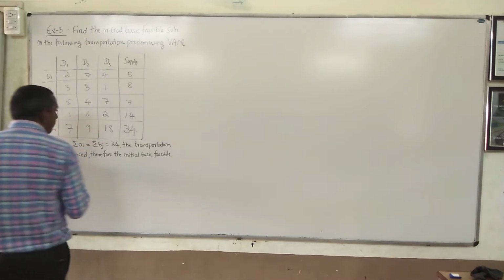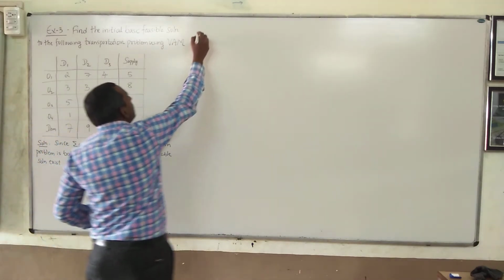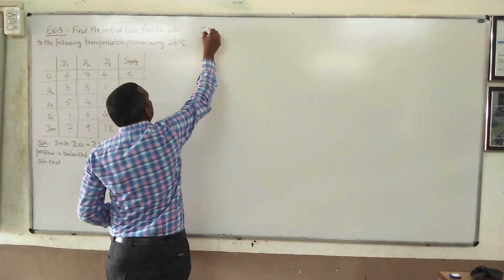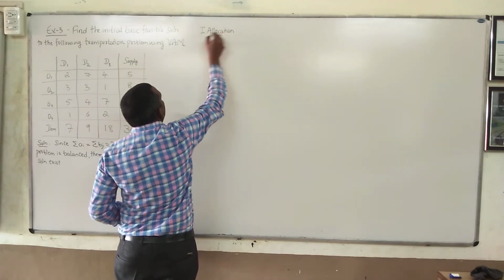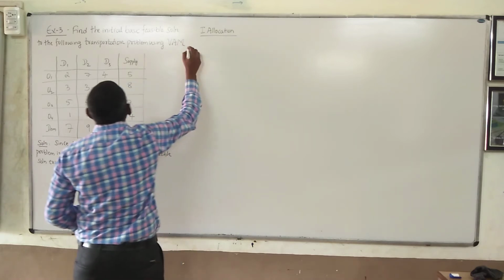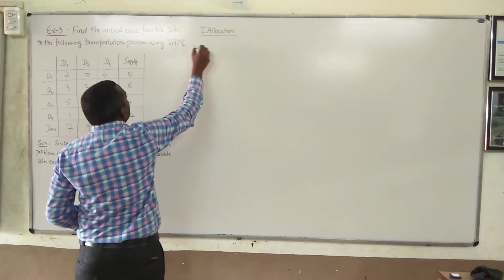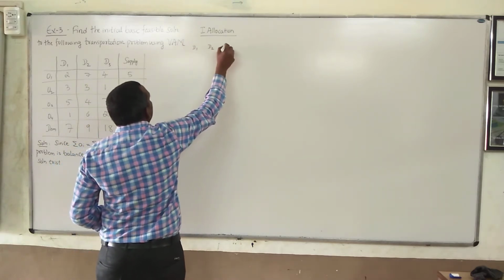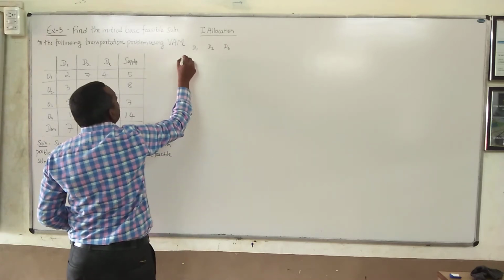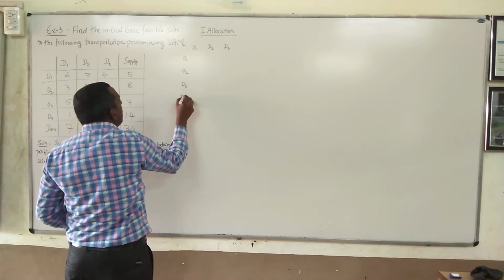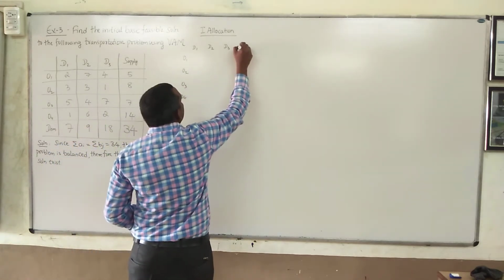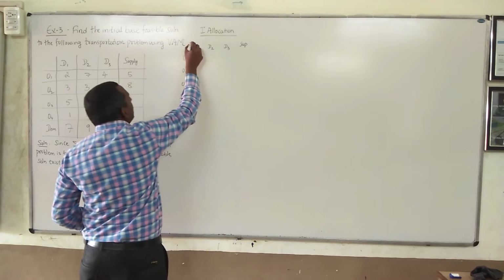So I will go for the first allocation here. Let me write the values here. This is B1, B2, B3, and it is O1, O2, O3, demand, and here it is supply.